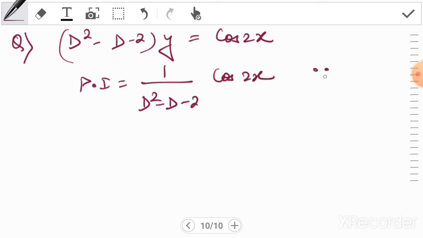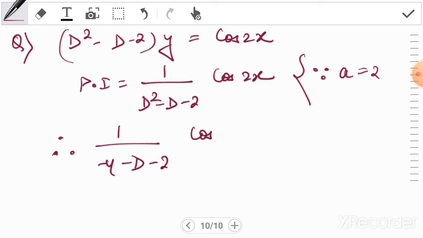Since a is 2 here, putting D square as minus 4, we have minus 4 minus D minus 2, cos 2x. So this is equal to minus 6 minus D. So what we can do is multiply and divide by minus 6 plus D.